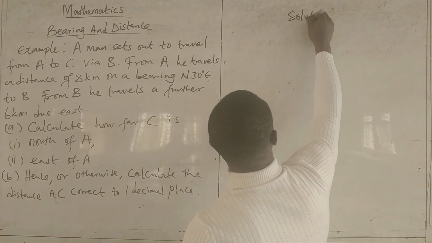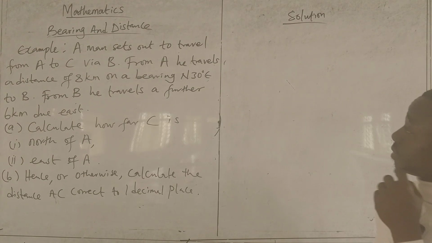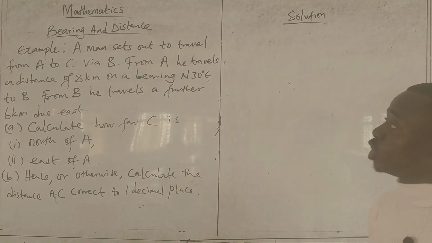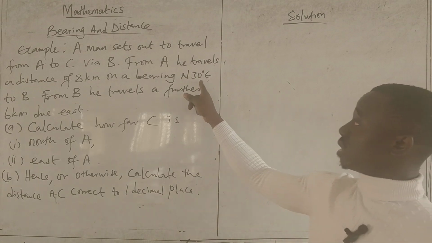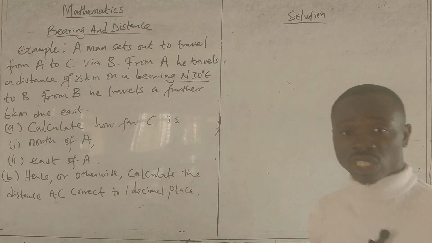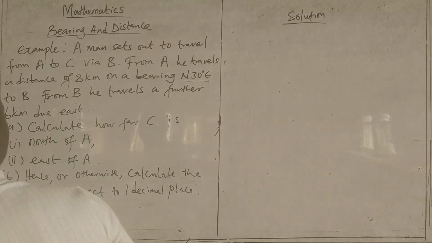So interpretation first. You must get your interpretation right. So from A, now, he's starting now. From A, he travels a distance of 8 kilometers on a bearing 30 degrees northeast. This your angle is the most important thing. Once you didn't get the direction correctly, you'll be wrong all the way.